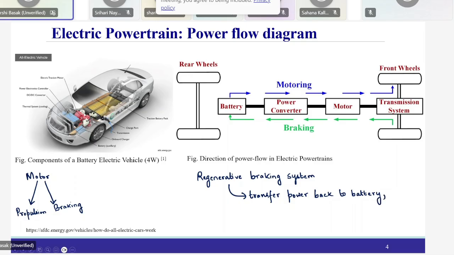In that way, it can help to replenish some portion of the energy which has been consumed during the motoring mode. It will be taken back to the battery system.